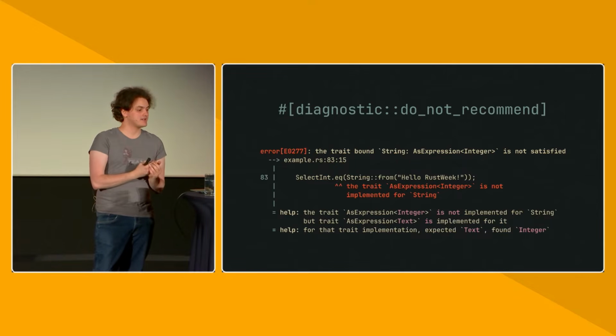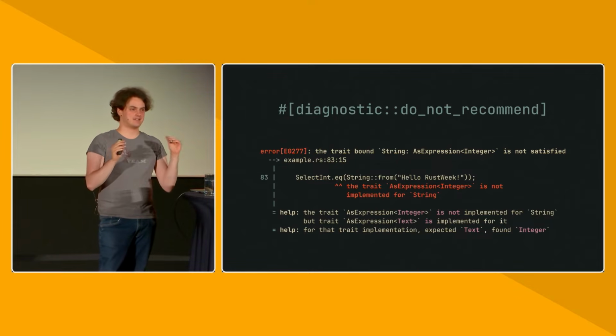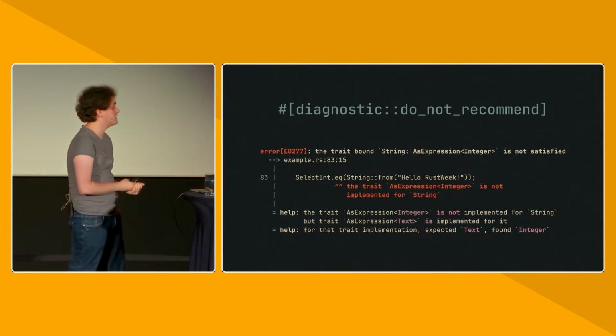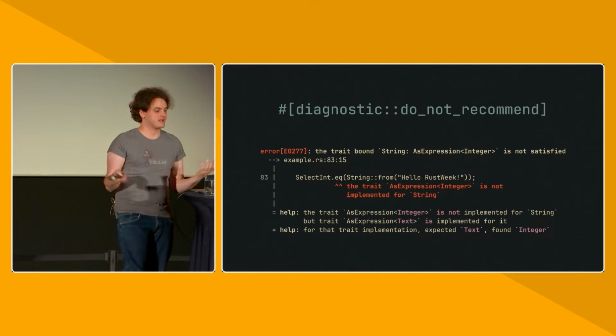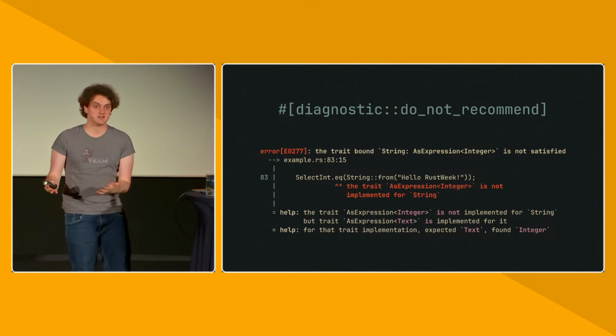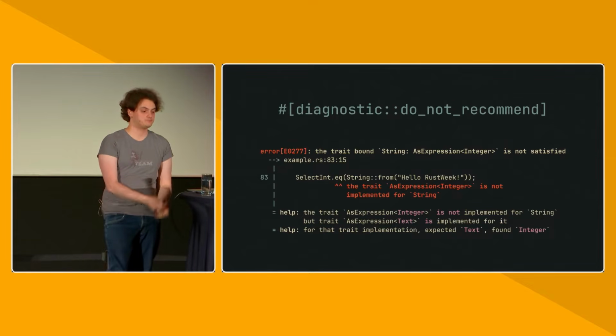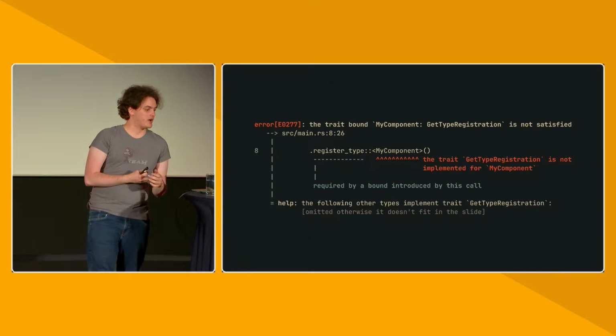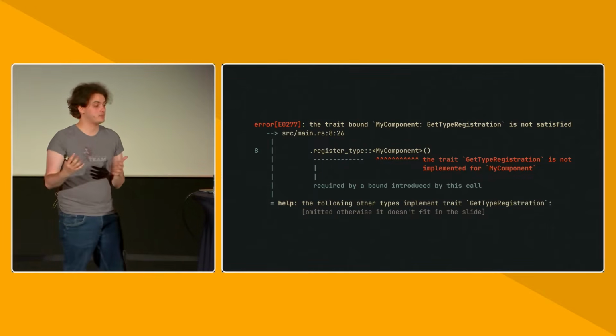Or in this case, this is actually amazing: removing that single trait implementation gave a useful error message, because it now said that the trait AsExpression<Integer> is not implemented for a String, which is actually what you want.